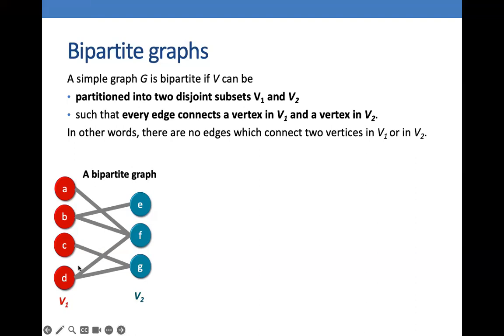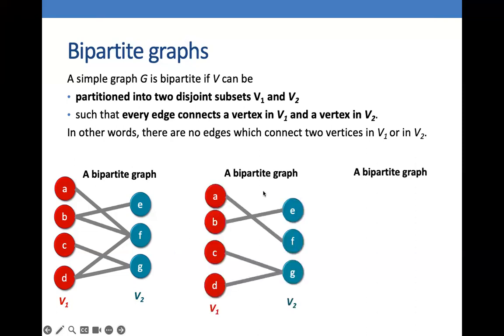Okay? There are no such edges that connect two vertices belonging in the same partition or the same subset. Okay? So this is also an example of a bipartite graph. So we can see that there are no edges that connect vertices between vertices in V sub 2, and all of the edges are connecting vertices that belong in V sub 1 and V sub 2.